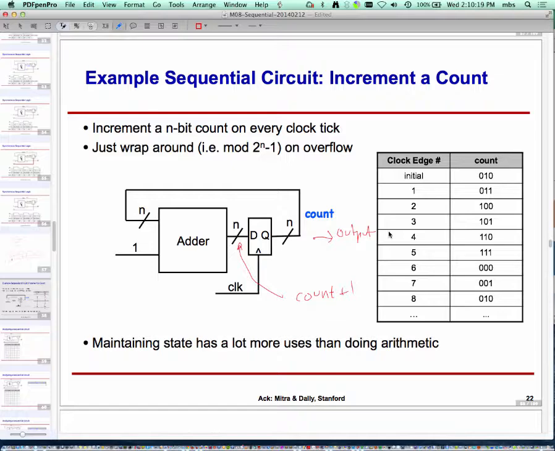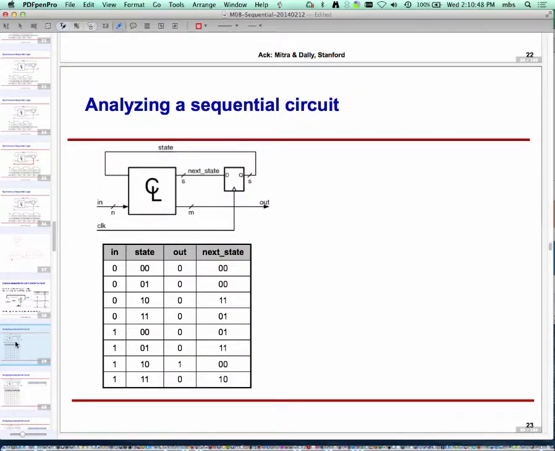So you can say that there's a set of distinct states that I need to remember, and then log 2 of the number of elements of that set is the minimum number of bits you need to represent the state. But we'll also see how the state could be represented in many ways. Just a simple example, a counter, which is basically telling us how many clock cycles since the start, or how many clock cycles plus the starting value.